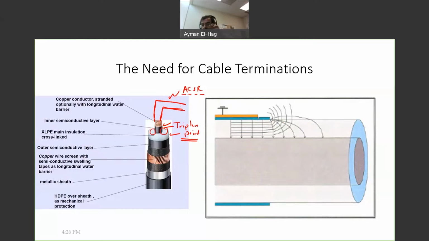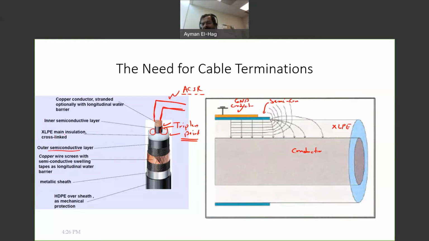Now, when you zoom in on this area, this is the XLPE, this is the conductor, this is the semiconductor material here, the semicon, and this is the outer shell. This is the ground conductor.